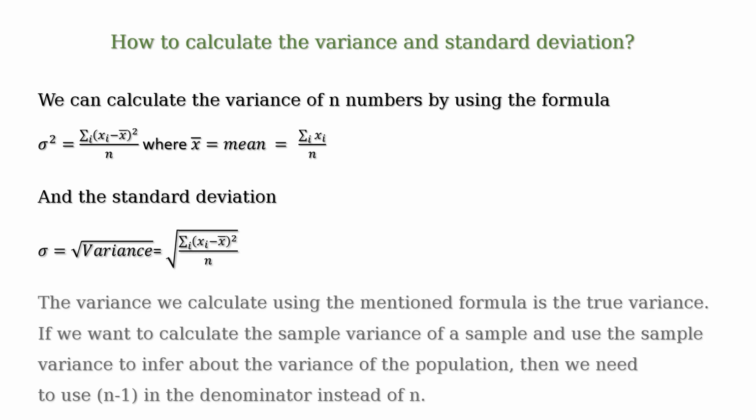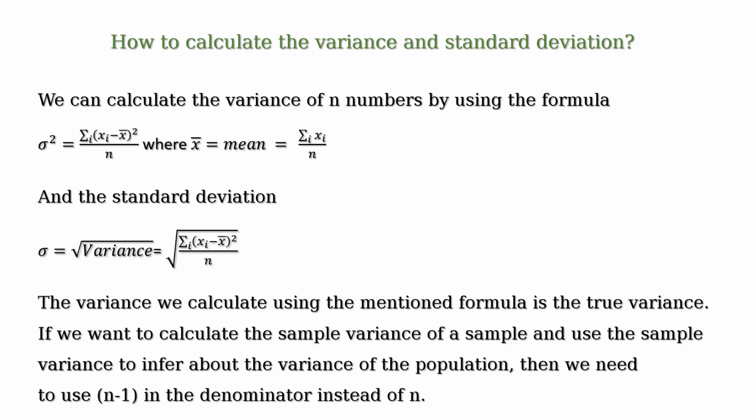Please note that the variance we calculate using this formula is the true variance. If we want to calculate the sample variance of a sample and use the sample variance to infer about the variance of the population, then we need to use n minus 1 in the denominator instead of n.